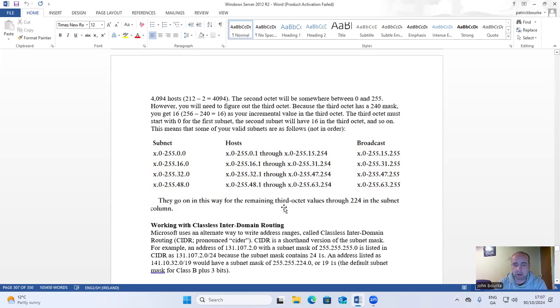They go on this way for the remaining third octet values through to 240 in the subnet column.